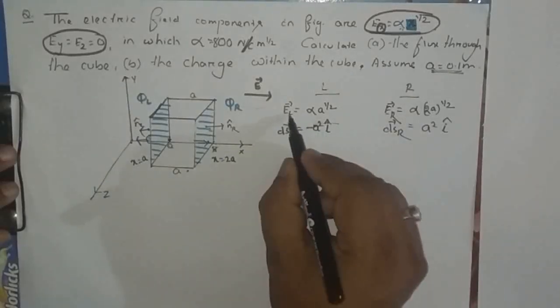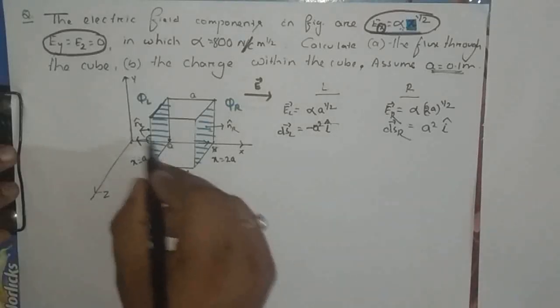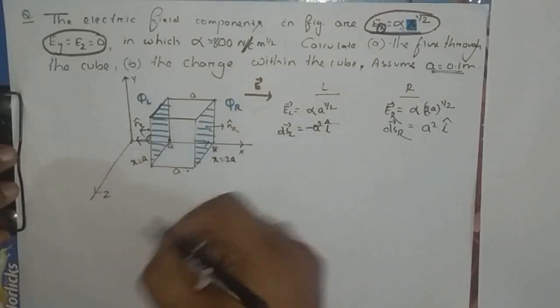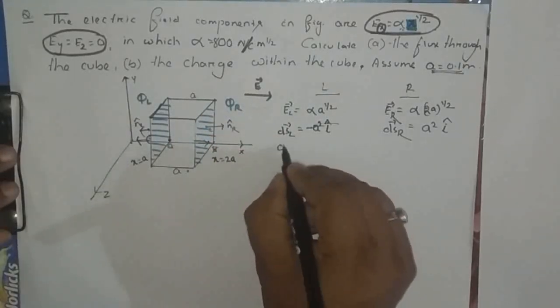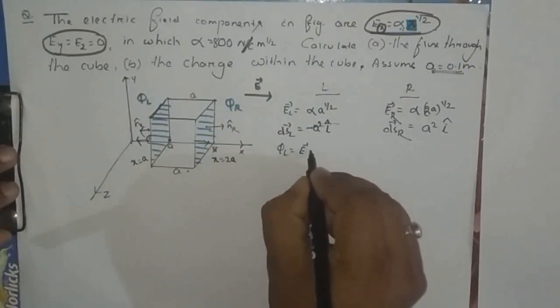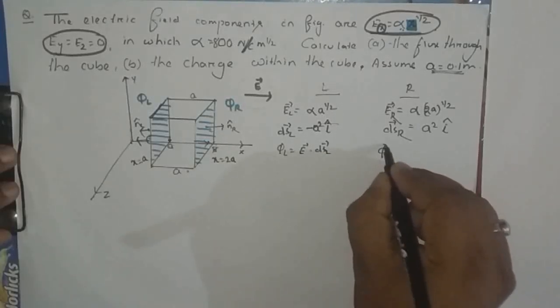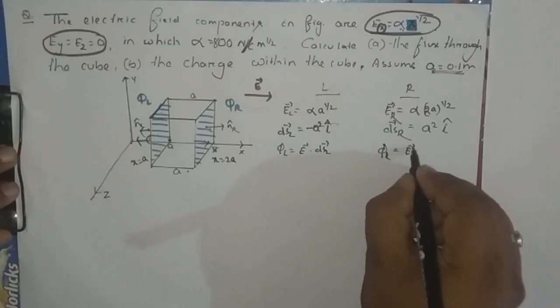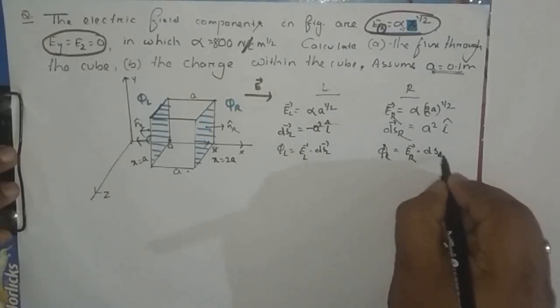Now I have E and dS. So what is the next step? The next step is the flux for the left hand side and the flux for the right hand side. For the remaining four faces, flux is 0. Let us go for the left hand side flux, that is E dot DSL. Right hand side flux is similarly ER dot DSR.